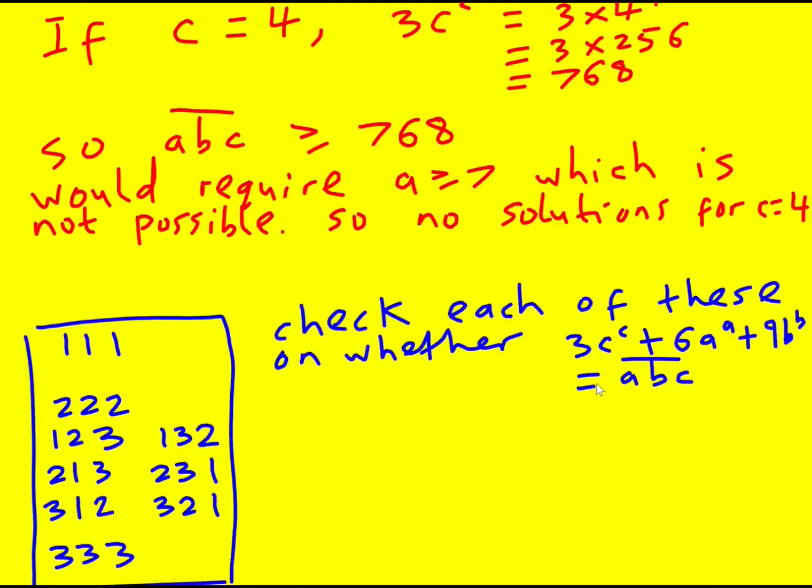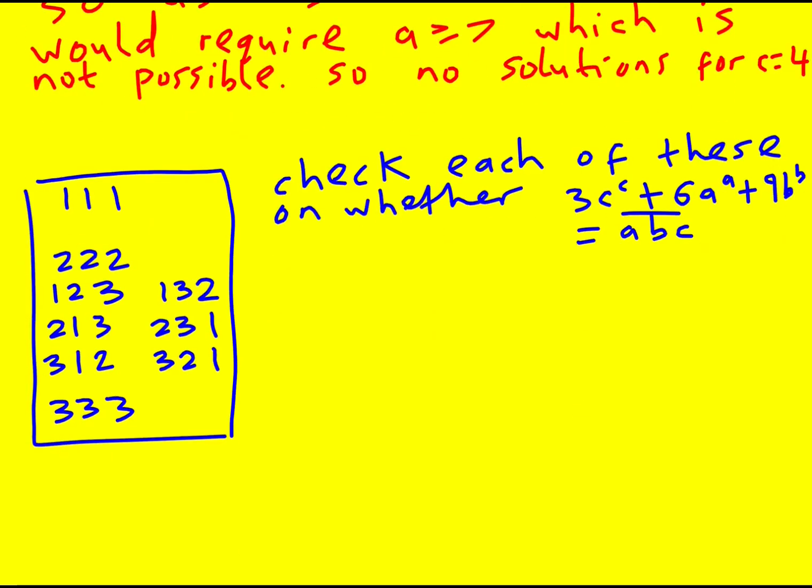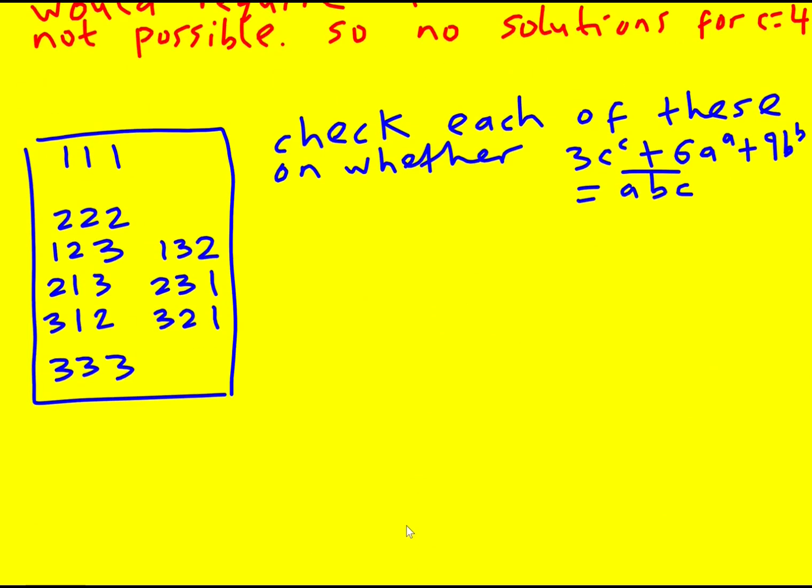Okay, so let's just go one by one. Actually, sorry, I'm going to line it up. I've got my A, B, C here.